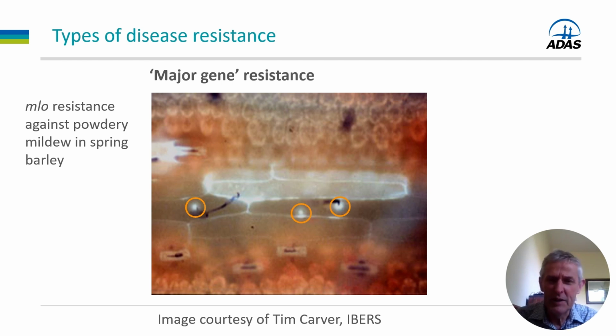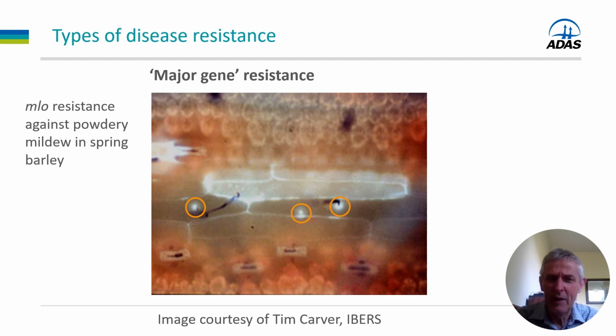But occasionally a spore will beat the plant to it and manage to infect a cell, and the plant then has another line of defense, which is to initiate what's called a hypersensitive response. So the plant detects that the infection has happened in a particular cell and causes that cell to die.